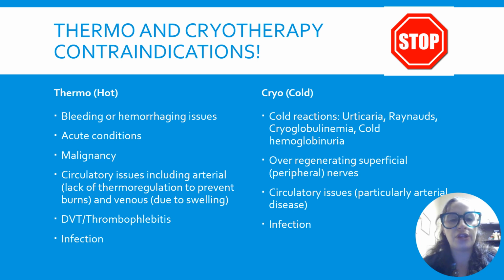Again, if you know what heat does and you know what cold does, the contraindications make sense. It makes sense that if heat increases blood flow, if heat increases inflammation, if heat increases metabolism, anytime you don't want increased blood flow and you don't want increased cell metabolism, you're probably going to avoid it.